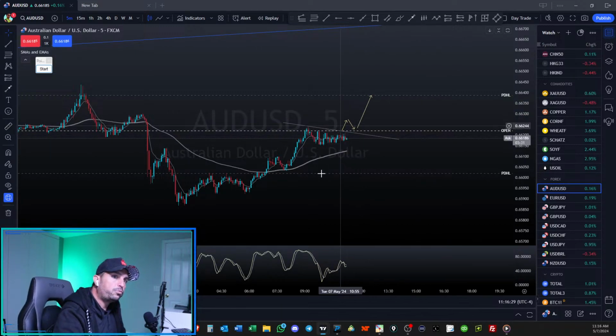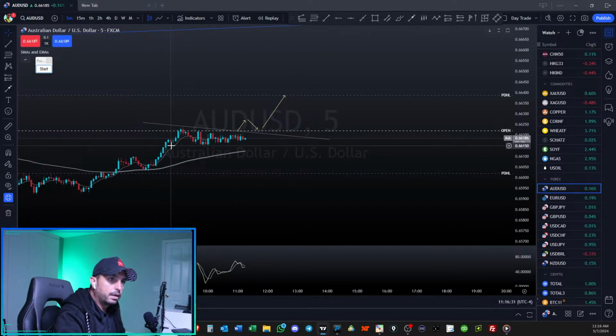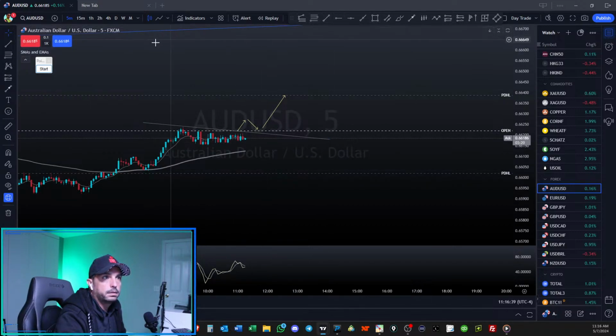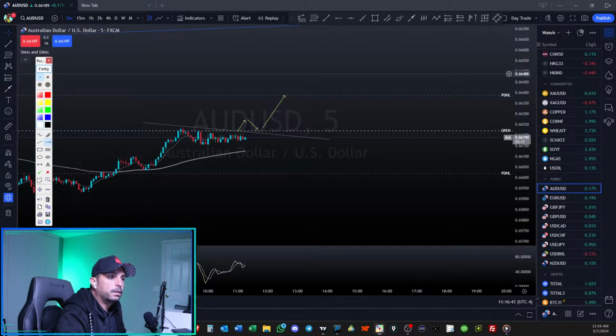That's basically what I'm looking at. You want to be sure you get out of this consolidation. So you want to have a lower high, lower high, lower high.